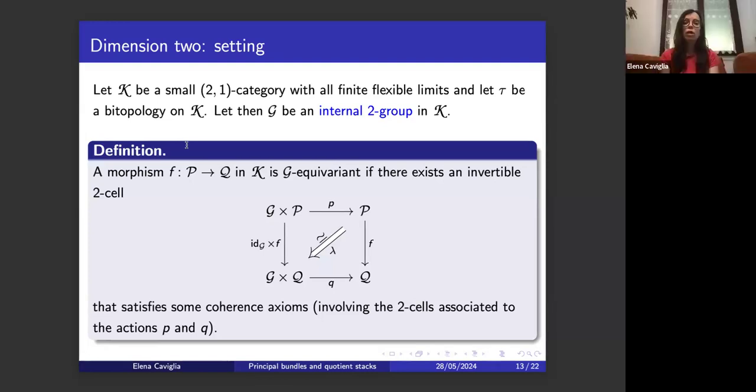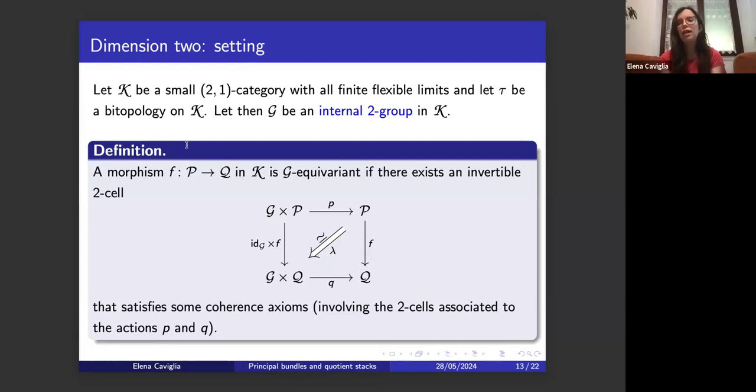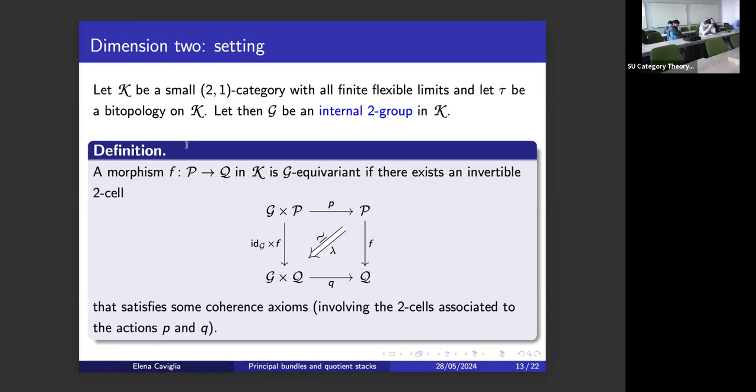And now we want to have a topology on this (2,1)-category. And sometimes in the literature, when one wants a topology on a 2-category, they just consider a topology on the underlying category. But this was not good for our purposes because we really need a topology that is 2-dimensional in nature. And so what I did is I decided to use the notion of bitopology defined by Street for a bicategory.